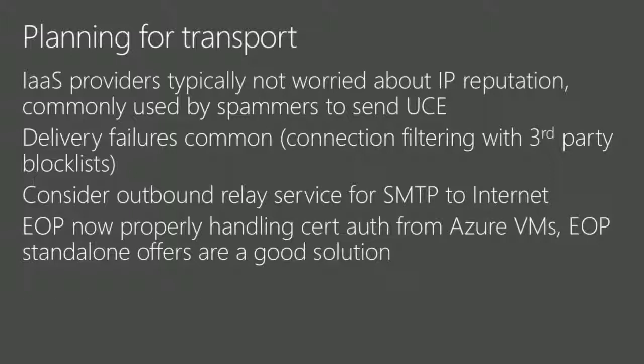Now, we do that in a number of different ways, some of which we talk about publicly, some we don't. But when you think about Azure VMs, it's a different workload. It's essentially not specific to mail, and in many ways wasn't designed to handle mail. So the IP addresses that are going to be used for originating outbound message traffic are not in any way managed by Microsoft, shall we say, for reputation.